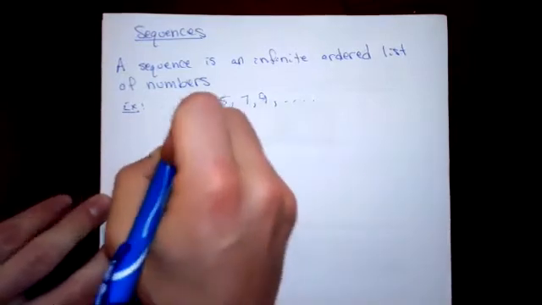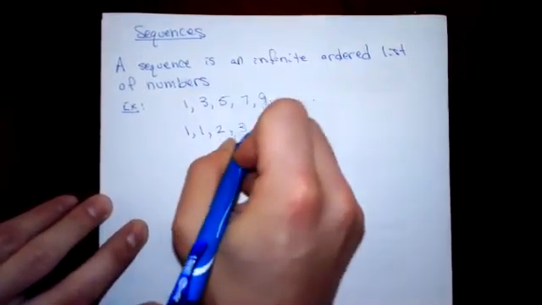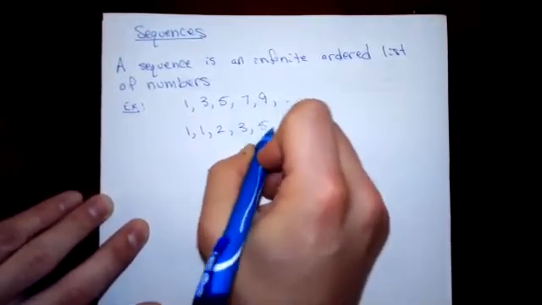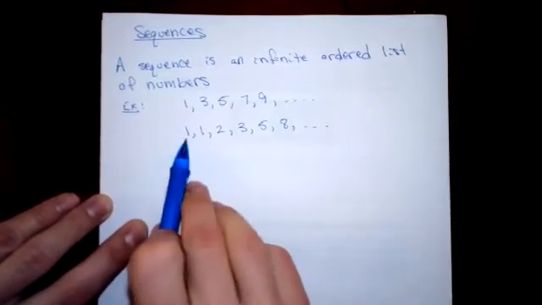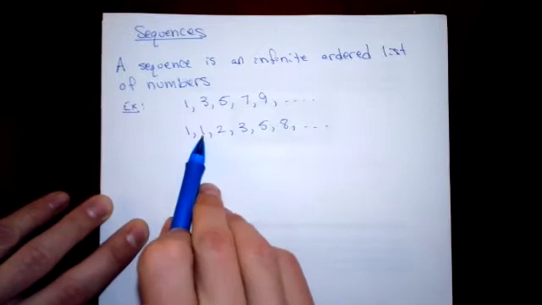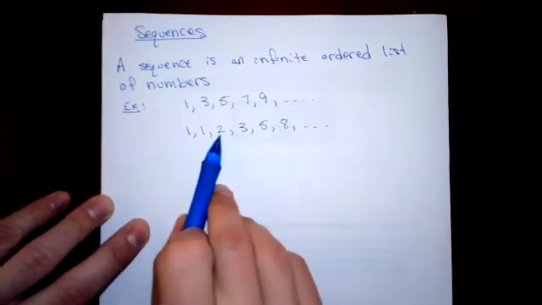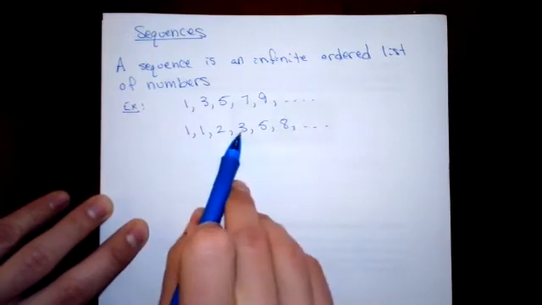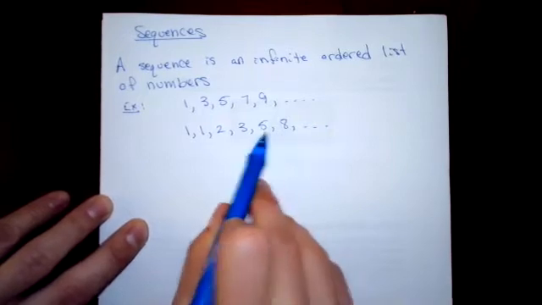Or of course, there's things like the Fibonacci sequence, where the first two numbers are 1, and then every number after that, we just add the previous two numbers together. So to get the next term, I add 2 plus 1 to get 3, 3 plus 2 to get 5, 5 plus 3 to get 8, etc., etc.